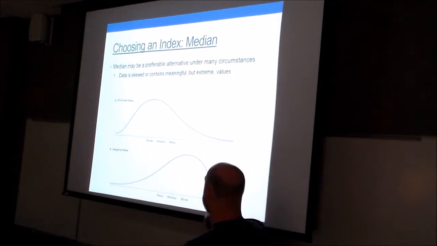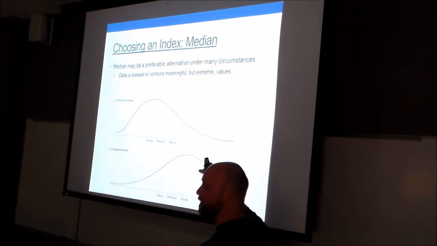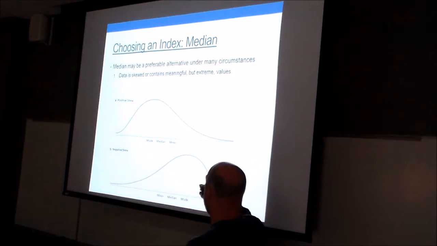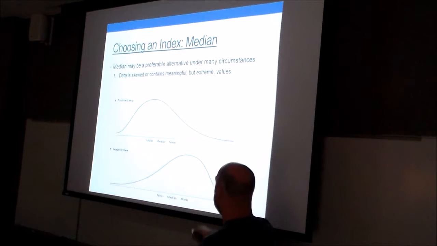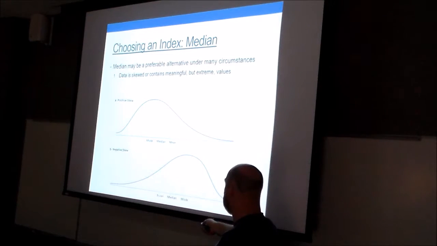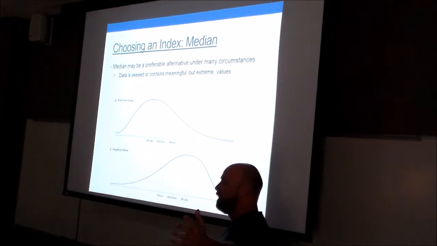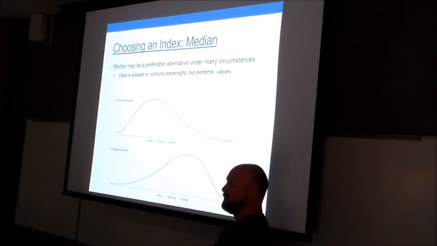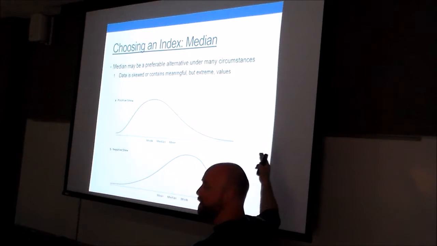So here, positive skew, here's our mean, but here's our median. This is our literal middle value. Mode is going to be here. Negative skew, same thing. Mean always dragged out to the tail. Median is going to be in the middle. Mode will be on the other side.